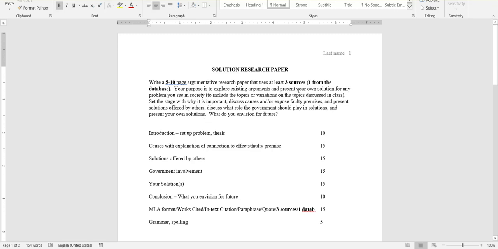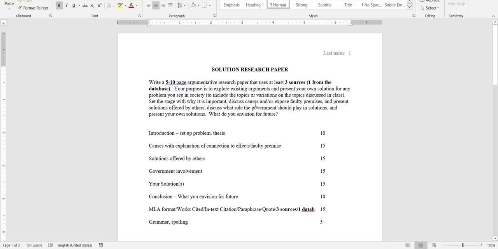Of course, the more simple you go, the more difficult it'll be to get your sources, but that's where you can compare and contrast with other cities, other states, other institutions, and see what they're doing that makes them successful, and that'll help you formulate your own solution. So, first, you must set the stage as to why it is important.